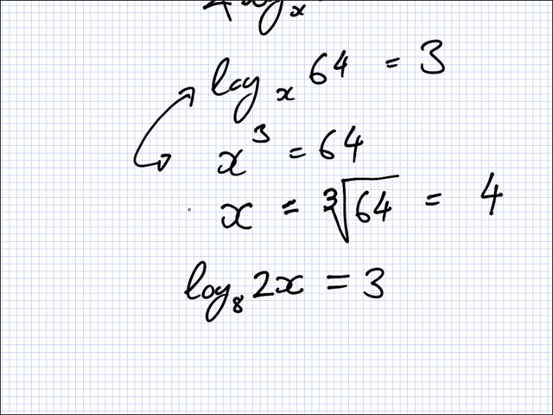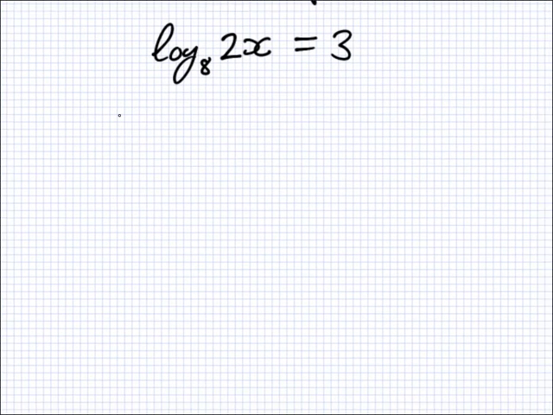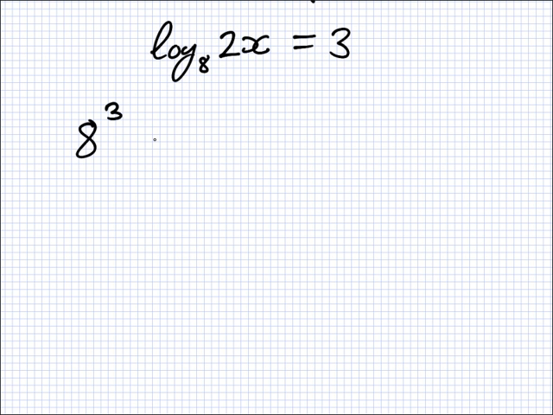Any ideas? Abir, any ideas? 8 power 3 is 2x. 8 power 3 equals 2x. Yeah. What the heck is 8 power 3? Pretty big number.